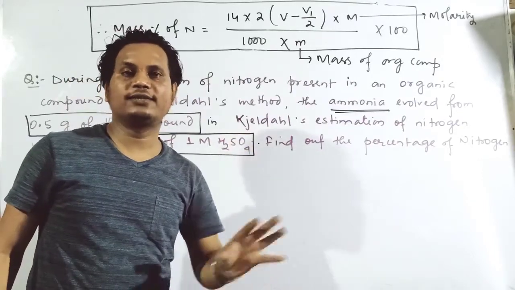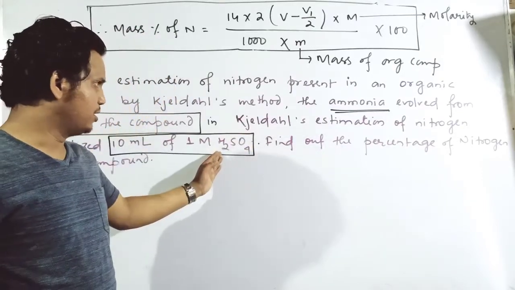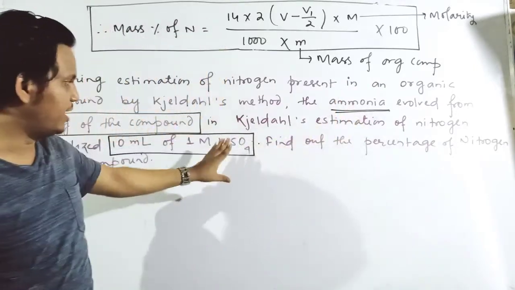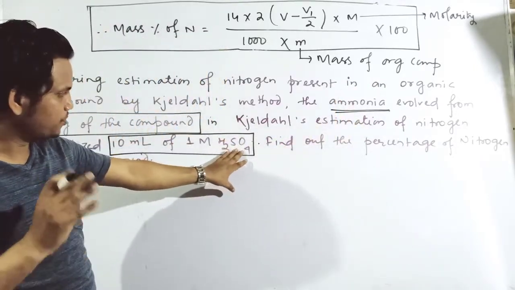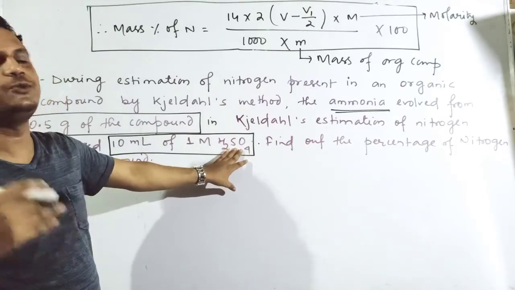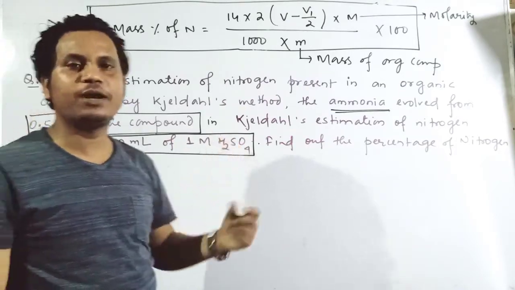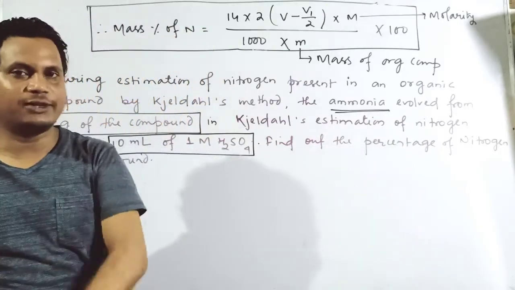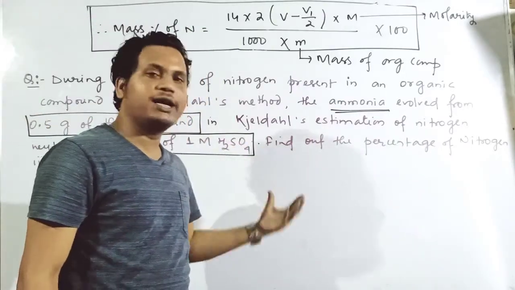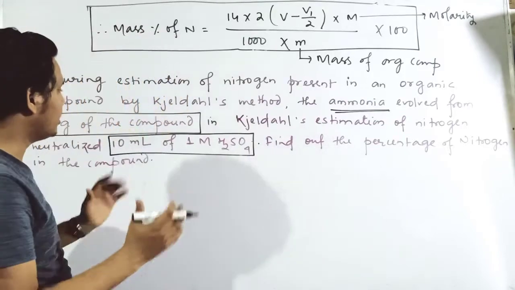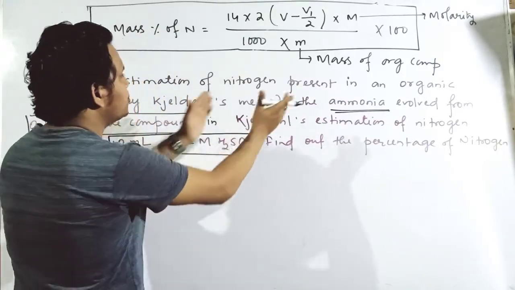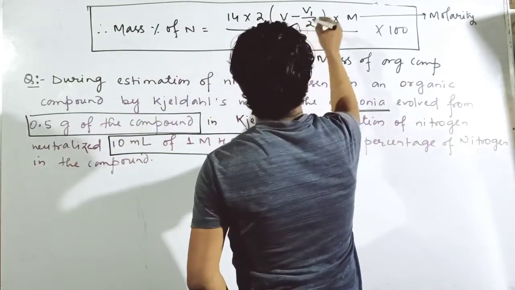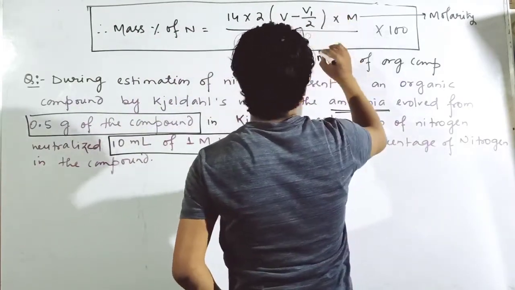Out of the excess sulfuric acid, some is used in neutralizing ammonia, and the left part of the acid is used for neutralization with sodium hydroxide. So here sodium hydroxide use is not there. Why? Because it is completely neutralized by ammonia. So we have obtained the formula, where what is V1?